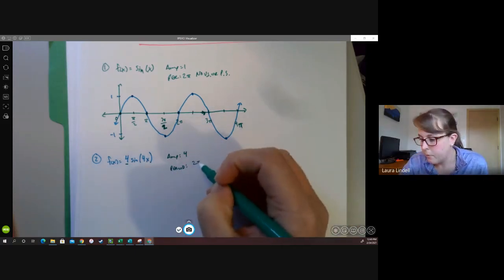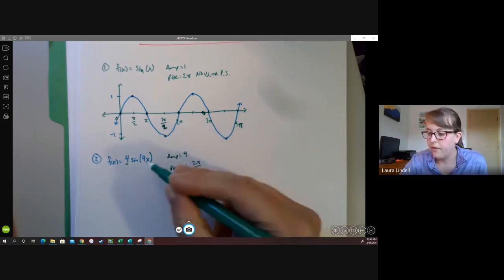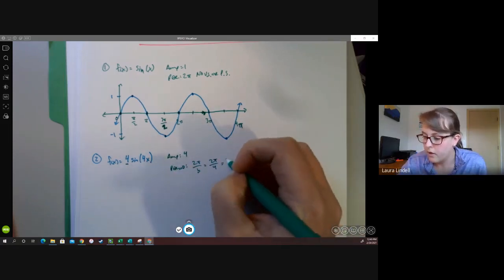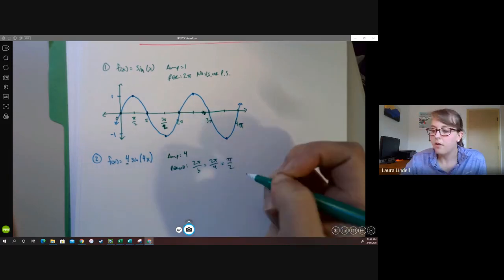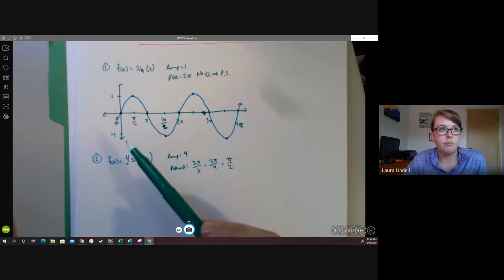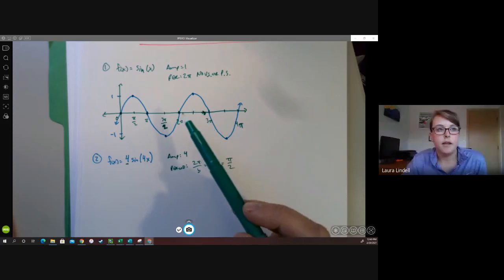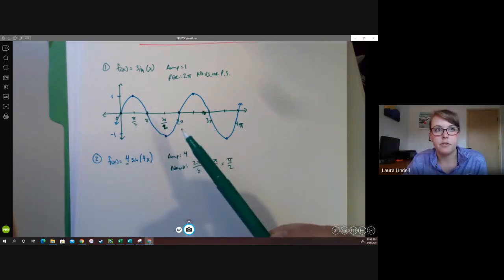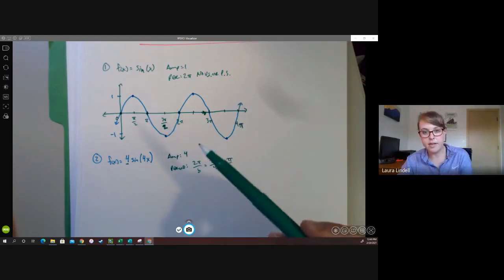So period is 2 pi over b, and in this case, b is 4. So 2 pi over 4, which is pi over 2. So now, instead of going through a complete cycle in 2 pi, it's going to go through a complete cycle in pi over 2. So the way that we scale this is going to look a little bit different.